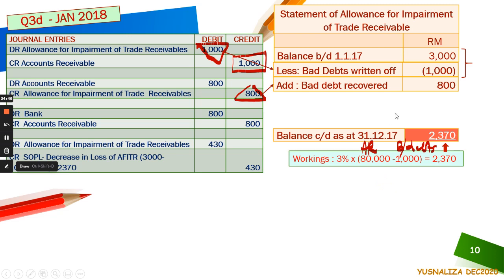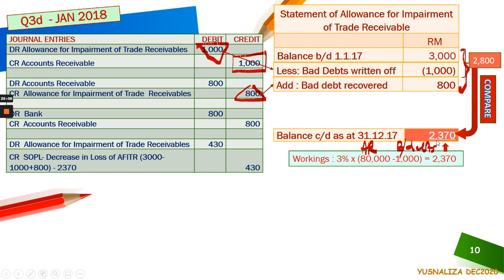Next, you need to total up these three figures, because you want to find the changes in your allowance account. If you total up those three figures, you have 2,800, and you need to compare this with the balance c/d, or the balance at the end of the year.